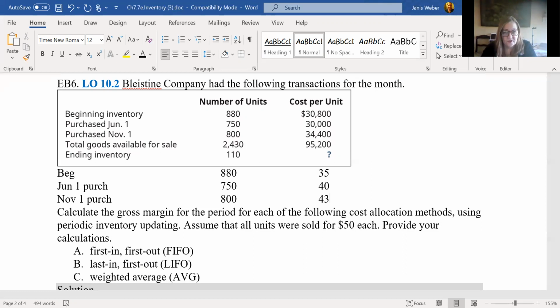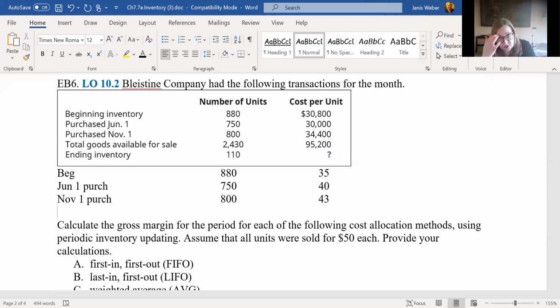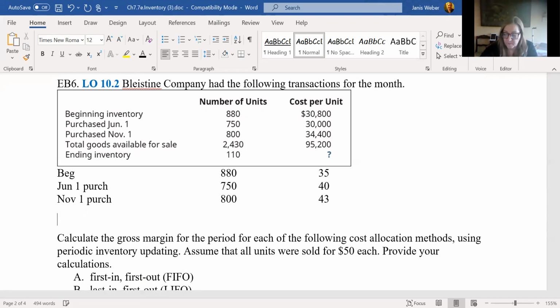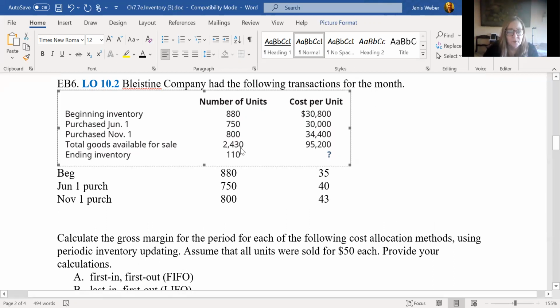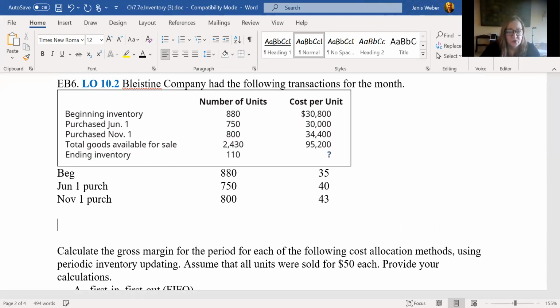Okay. So far, we got one piece we needed. We needed to know how much the per unit cost is for each of the levels. And then the other thing that we needed to know is how many did we sell. The total goods that were available, they told you how many units were available, and they told you how many were in ending inventory. So that means you can see how many you sold.